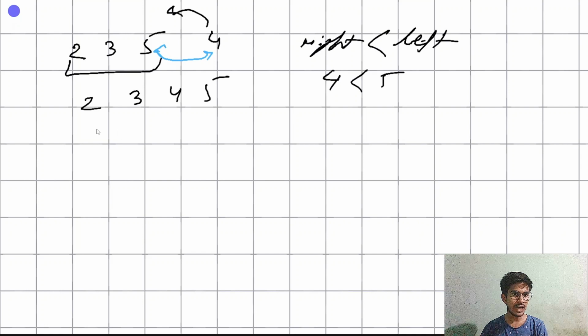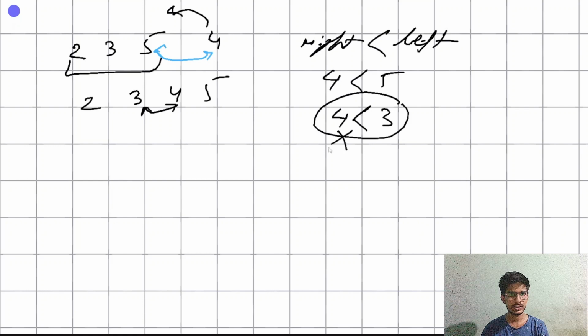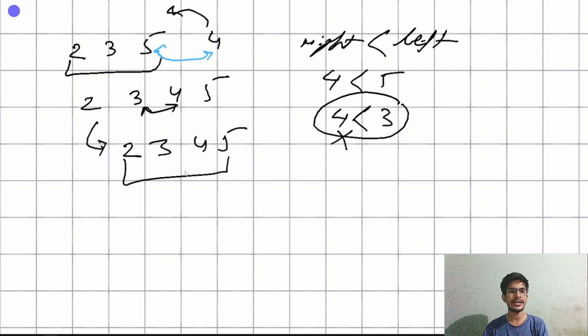But in the other cases you don't have to compare, because in this check it will say, okay, 4 is less than 3. This condition gets false. That means we have to break from the loop, and it is sorted.